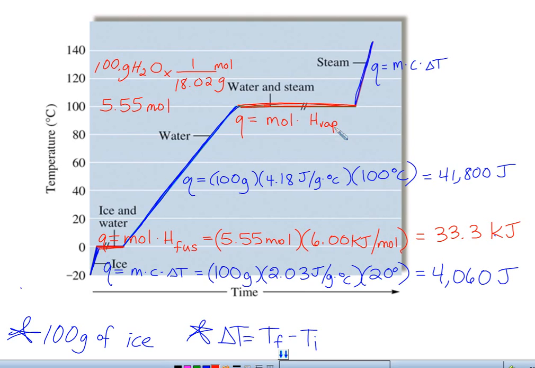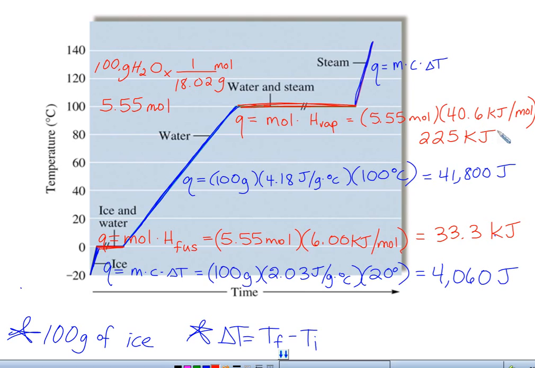Okay, so we got our moles, which is still 5.55, and then it's 40.6 kilojoules per mole. The amount of energy required to boil or vaporize 1 mole of water. And so we plug this in our calculator, and we'll leave something that's relatively reasonable. So with maybe 3 sig figs or so, we'll say it's like 225 kilojoules.